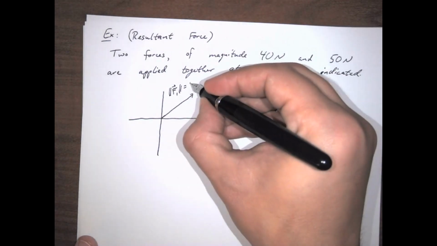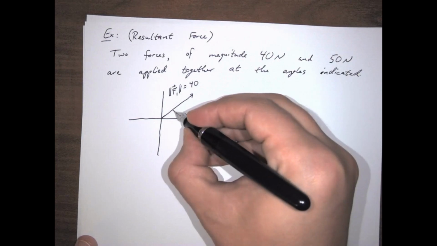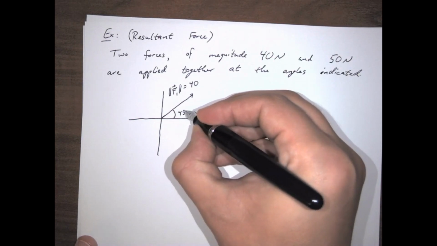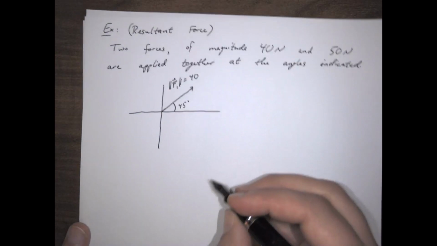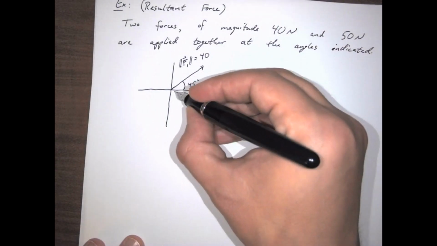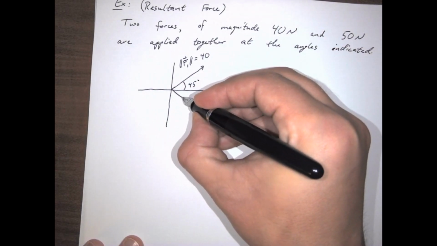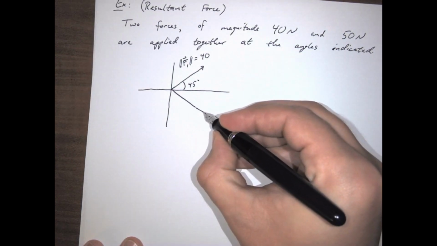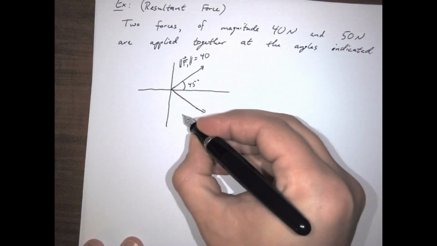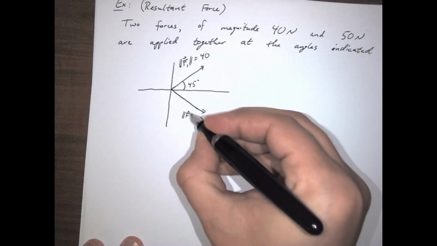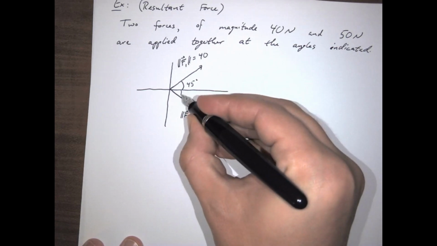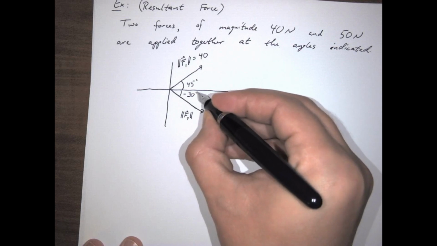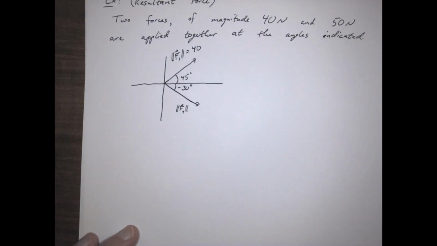And then we're going to have another one, the 50 newton force, applied at a negative 30 degree angle.